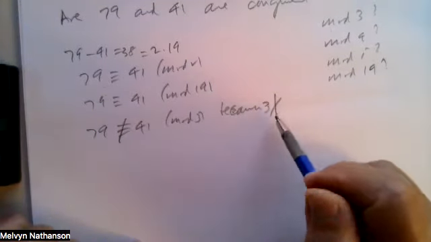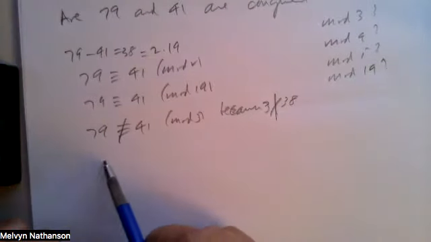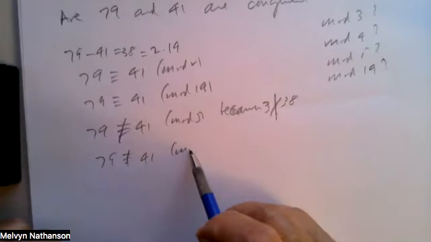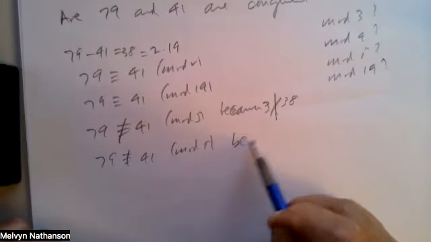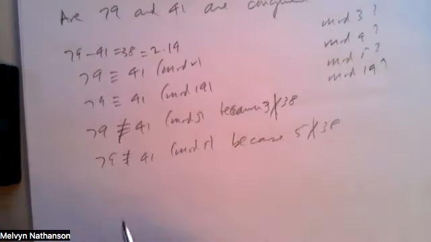That's what this symbol means. And 79 is not congruent to 41 mod 5, because 5 does not divide 38. Right?